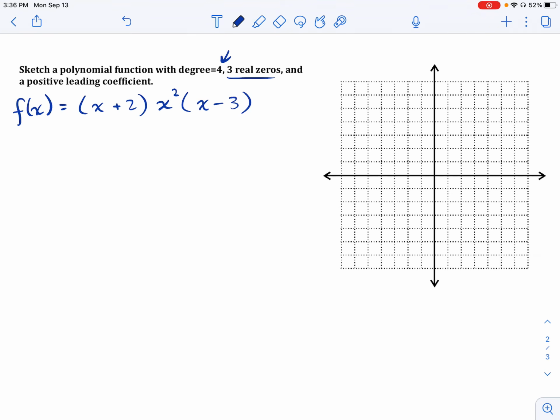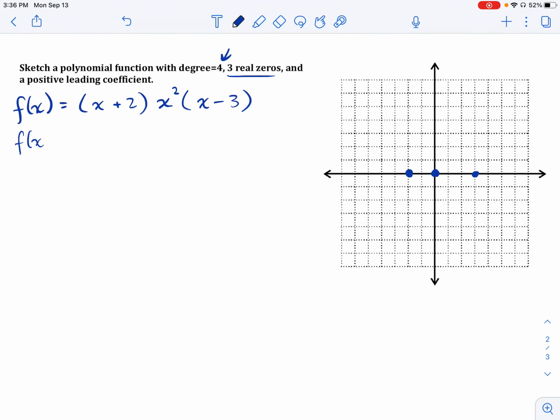Now, let's go ahead and graph our function first. So if x plus 2 is a factor, that means -2 is a 0. 0 was another 0. And positive 3 was our other 0. And let's actually write this now in general form before we get too carried away. So let's say this is x squared.